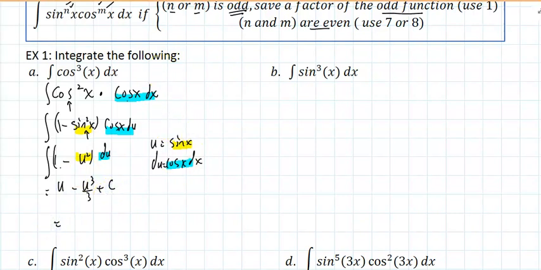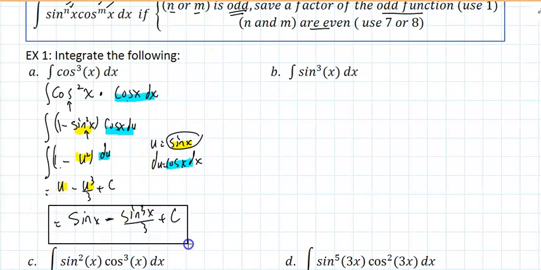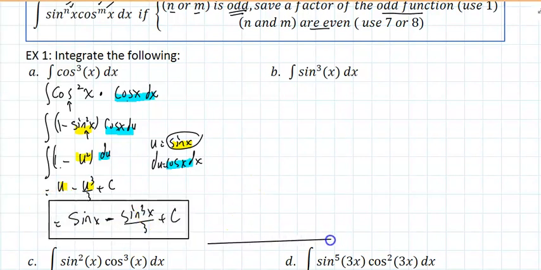What's u? U is my sine, so that will be sine of x minus, either you say sine cubed of x over 3 or 1/3 sine cubed of x. And there it is. So a nice trick you really need to get out of the way. Something that's not going to go away. It'll keep on coming back over and over.